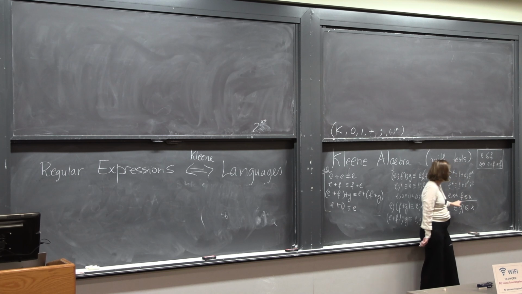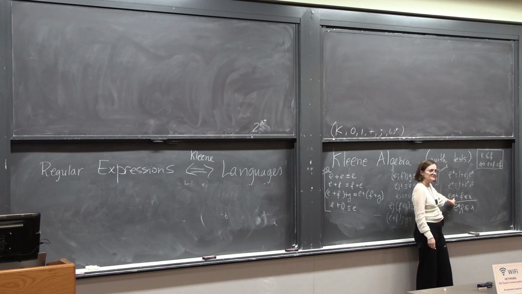It means that I can iteratively replace x by Ex plus F. And I can build this chain of things that look like F, E F, E E F, E E E F, and so on, which is exactly what E star is doing. So E star F is just doing F, E F, E E F, and so on.